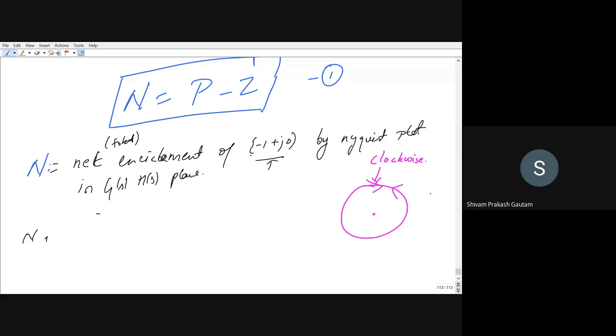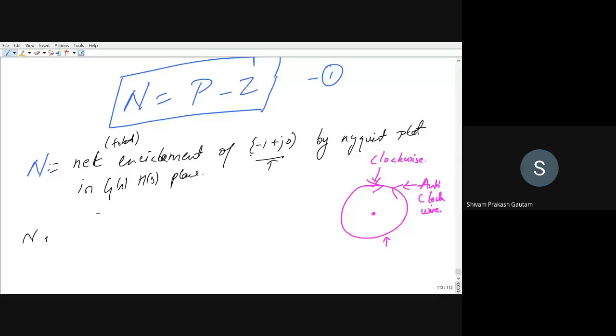This is our point at the center. If you are encircling the point in this direction, then this is called anti-clockwise. So there are two ways: either you can encircle in a clockwise direction, or you can encircle in an anti-clockwise direction.